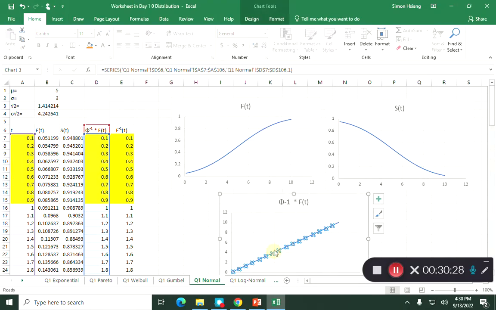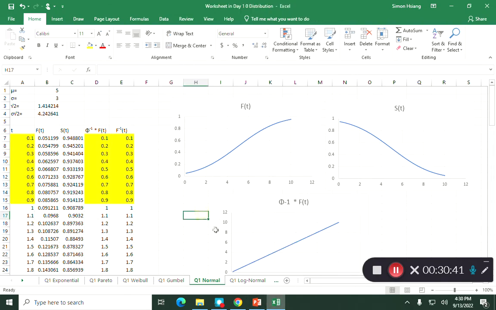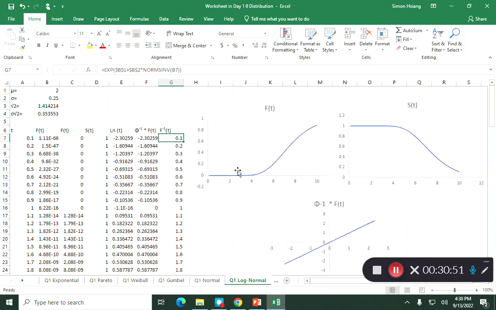And how you're going to plot, rather than plot your inverse function and your t, you can use either column to get the job done. We're not really interested in normal distribution. We've done enough normal in your DOE and quality control. What we're really interested in is log normal.